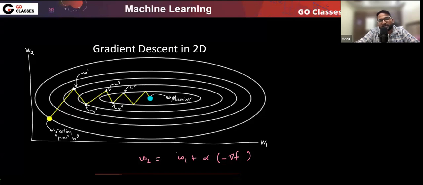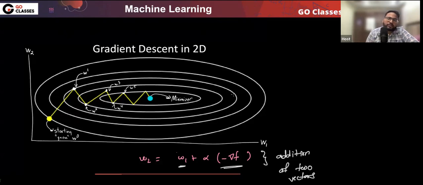It is just an addition of two vectors. This is one vector, and this is another vector. So this is how you can visualize gradient descent with the contours. That's why we have seen contours, just for this visualization, and it will also be needed later on. So I thought we could have those contours here. Let me know if you have understood this.